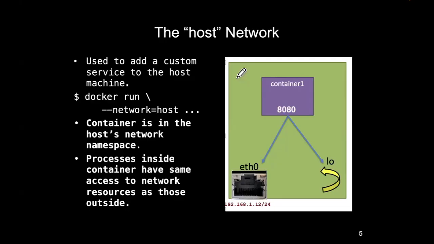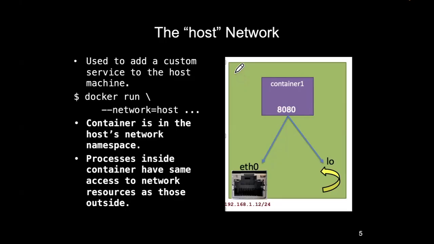But what's actually happening when you install Docker Desktop is a hypervisor is installed and a Linux virtual machine is running on top of that hypervisor. The hypervisor software is called HyperKit.